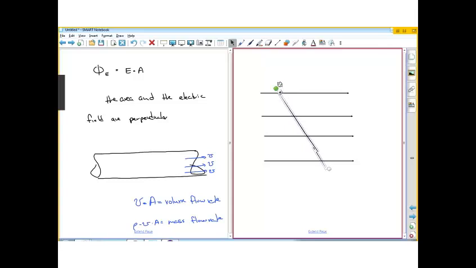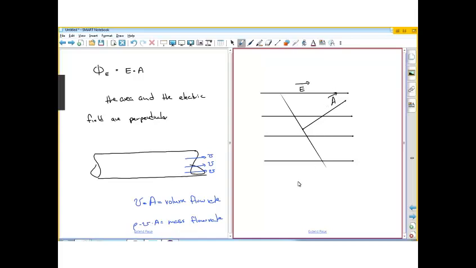If the hoop is lined up so the field lines go parallel to it, there's no flux going through this hoop. I get the most flux when they're perpendicular to each other, and I get zero flux when it's like that. And in between I get some value. It depends upon the way we define the area. The area vector of the hoop points outward from the hoop, and this is my electric field vector.